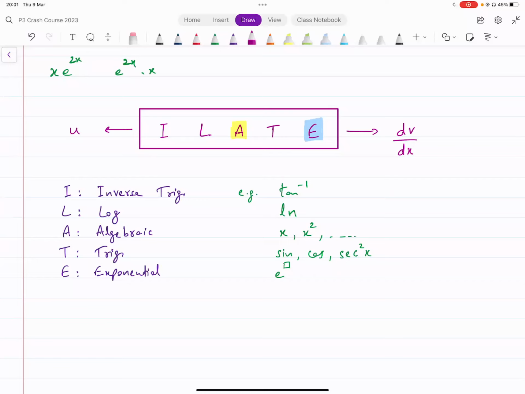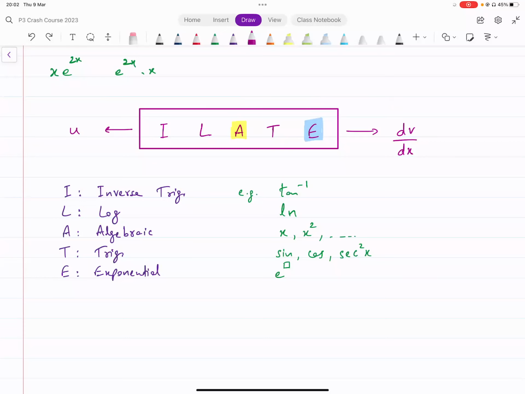Okay, so now you can just remember this. You'll have two of these five expressions. Of those two, whatever comes on the left side, so among A and E, for instance, A is on the left, you take A as u and E as dv over dx.